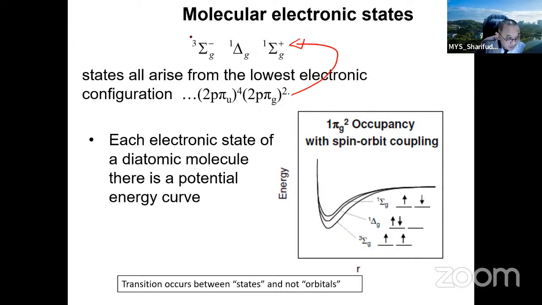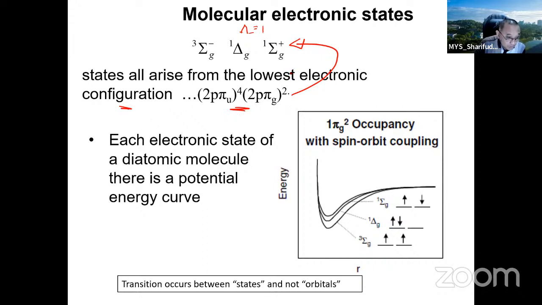So you have a triplet sigma minus, which means there is a change in sign when you do reflection. And then you have a singlet delta g. Delta is for lambda equals 1. And you have a singlet sigma g plus. So these are the states that arise from the lowest electronic configuration. You can try to work it out if you want to.